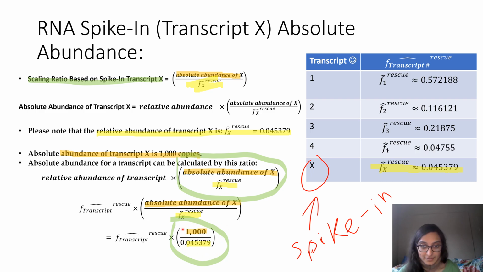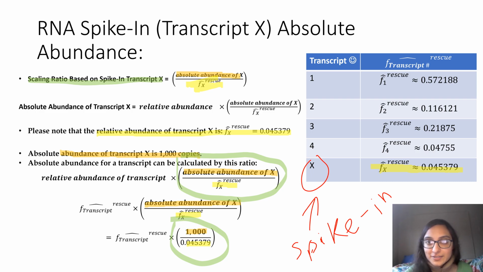We put in 1,000 and this is what we observed, so this is the scaling factor. It's just like a rate conversion, slashing out the common units, like stoichiometric calculations where you do unit conversions.